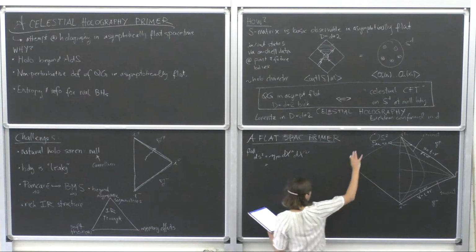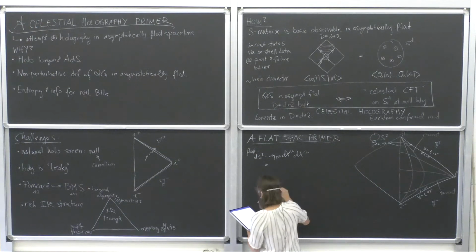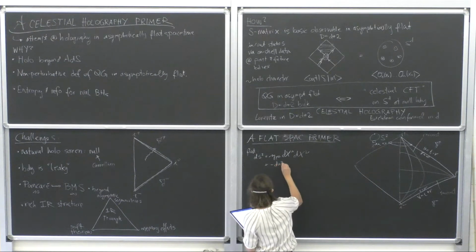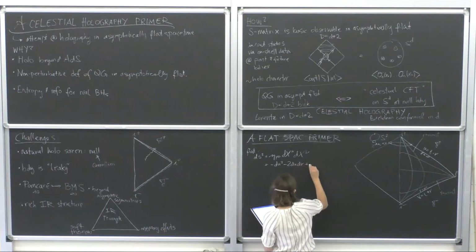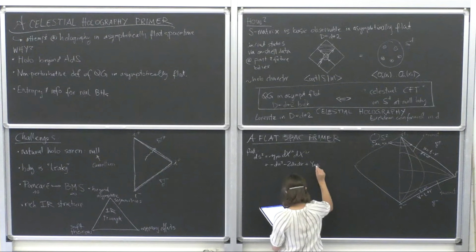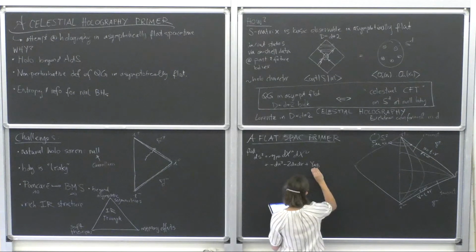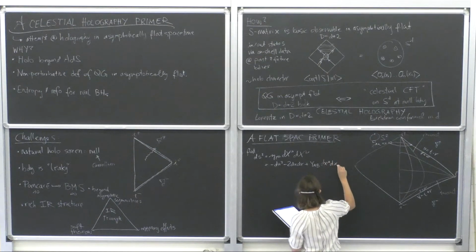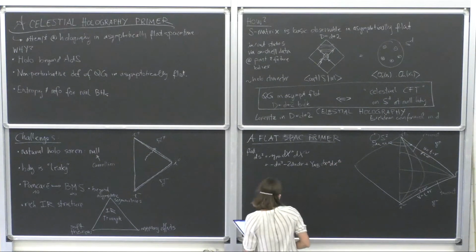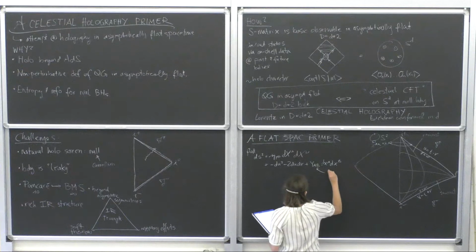So let's just focus on the future component of the boundary. So this metric is given by minus du squared minus 2 du dr plus then some metric on the two-sphere. Let's take the unit metric on the round sphere, gamma_AB dx^A dx^B. So this is the metric on this two-sphere.